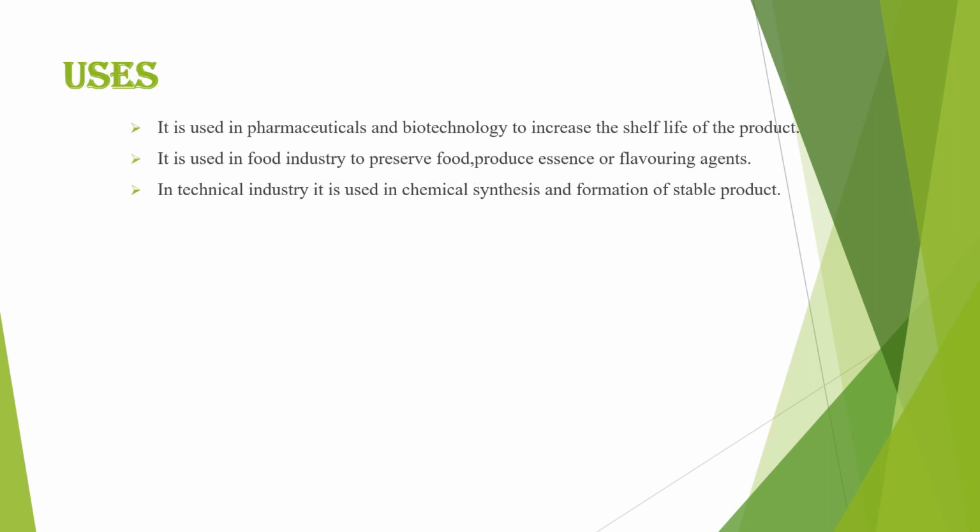Its uses: it is mainly used in pharmaceutical and biotechnological industries to increase the shelf life of a product, and in different food industries to preserve food and produce essence or flavoring agents. And in the technical industry it is used in chemical synthesis and formation of stable products.